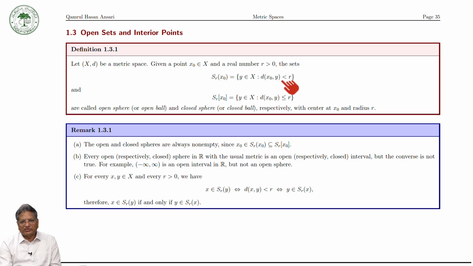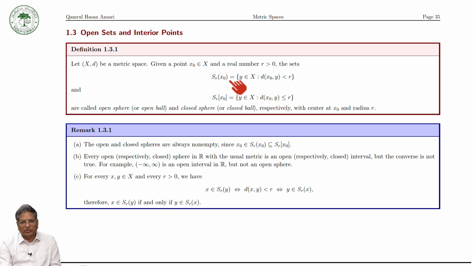So, take all the points for which the distance is strictly less than r. This set is called the open sphere or open ball with center at x naught and radius r, and it is denoted by S_r(x naught). S_r(x naught) means the open sphere or open ball with center at x naught and radius r.